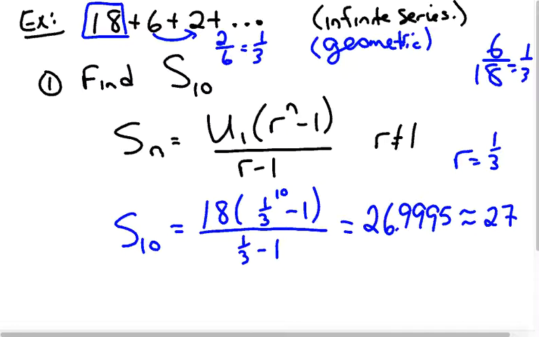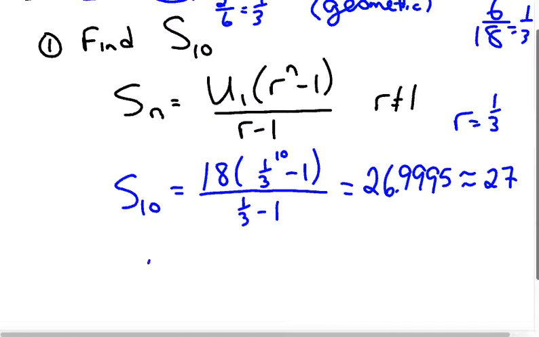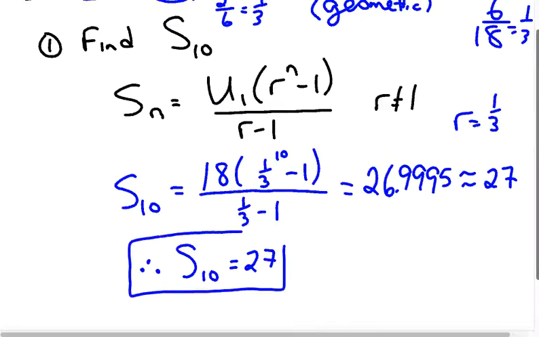Okay. So the sum of the first 10 is going to be 27. It makes sense that we have to round that up.